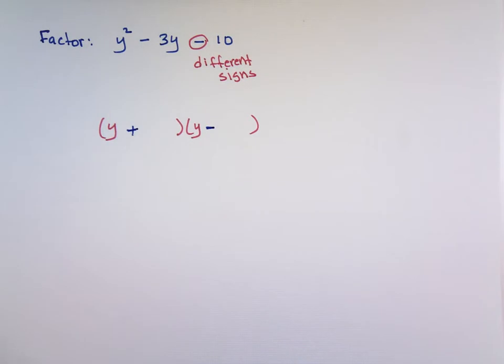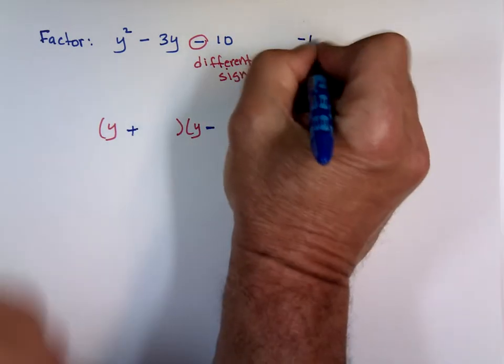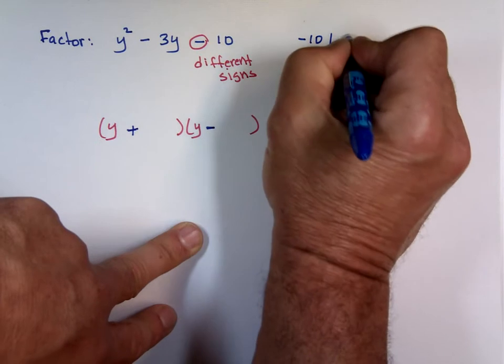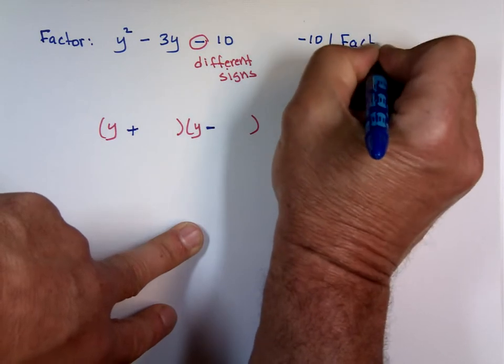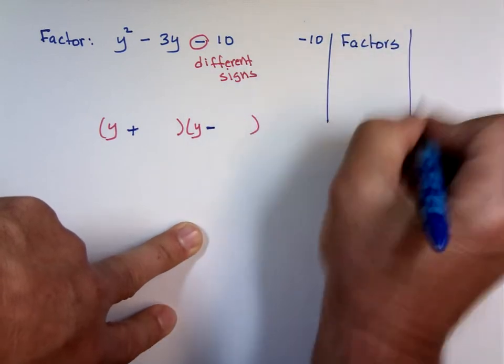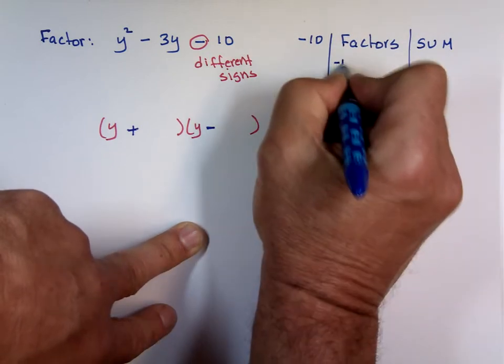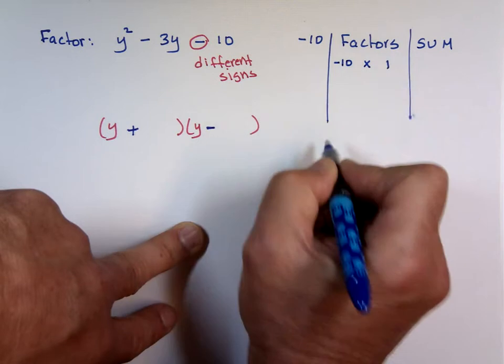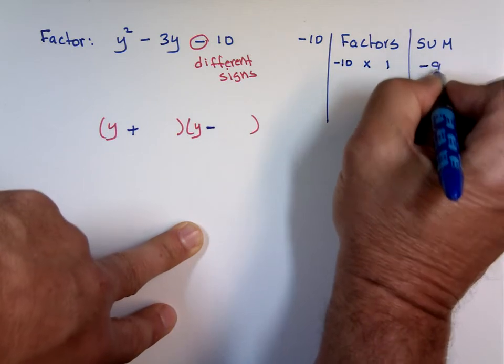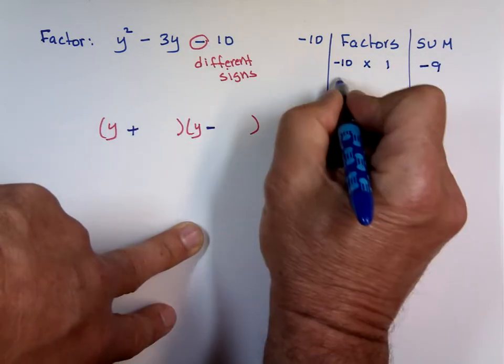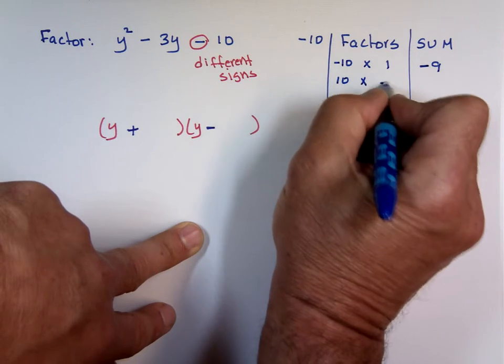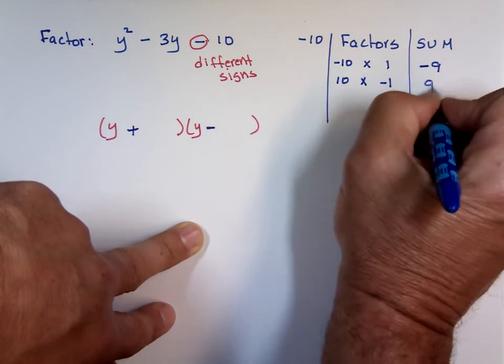Let's take the negative 10, list the factors of negative 10, and their sum. Could be negative 10 times a plus 1, but that's a negative 9, doesn't match. Could be 10 times a negative 1. When you add them, that's a 9, doesn't match.